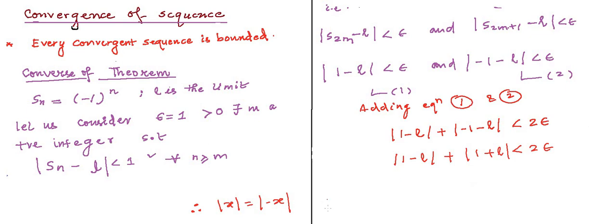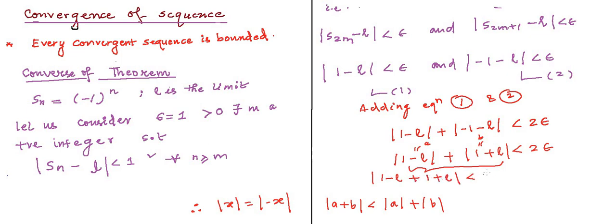But recall the triangle inequality. What does it say? That mod of A plus B is always lesser than or equal to mod of A plus mod of B. Applying it here, if this is considered as A and this as B, we can write that mod of 1 minus L plus 1 plus L will be always less than or equal to mod 1 minus L plus mod 1 plus L, which is lesser than 2 epsilon, and substituting the value of epsilon, which was taken as 1, it is lesser than 2.